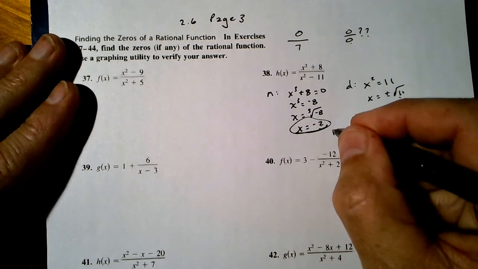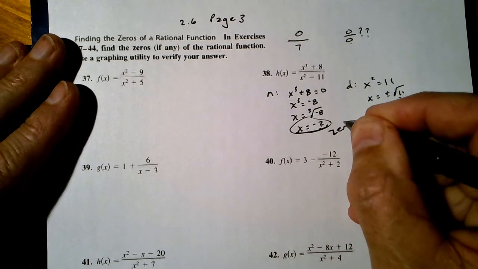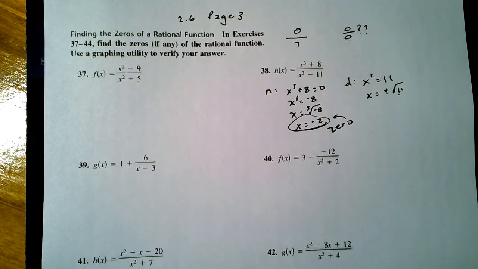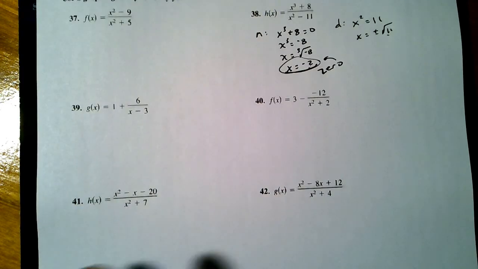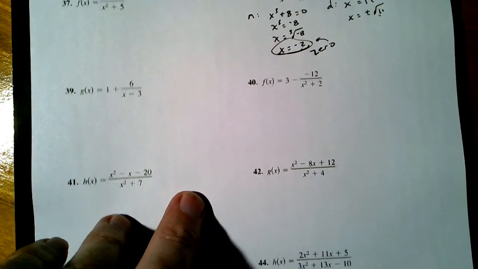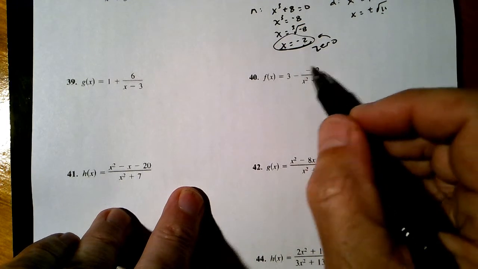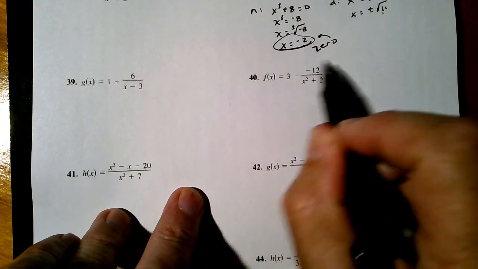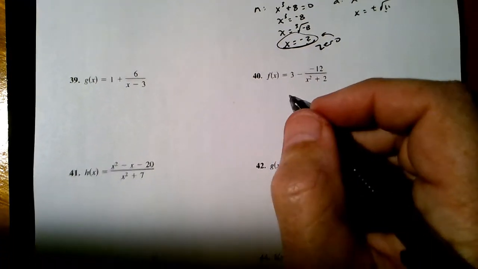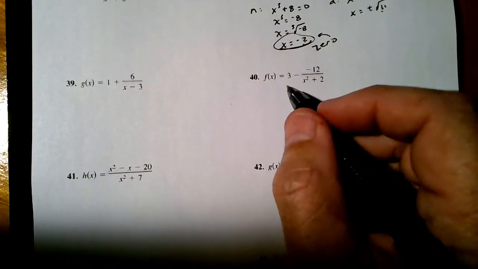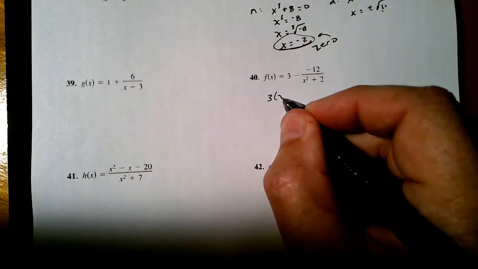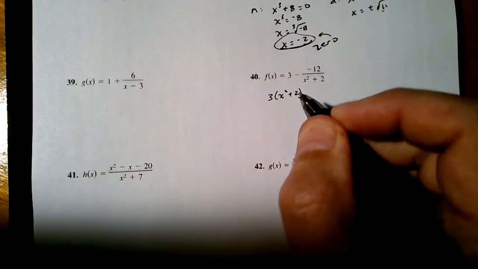So there is our 0 right there. But we have to check, does it make the denominator equal 0? Okay. Now this next one is a little bit sneaky, because I'm not trying to make this fraction be 0, I'm trying to make the whole thing be 0. So what I'm interested in is let's go ahead and get common denominators here. I'm going to go 3 times x squared plus 2.